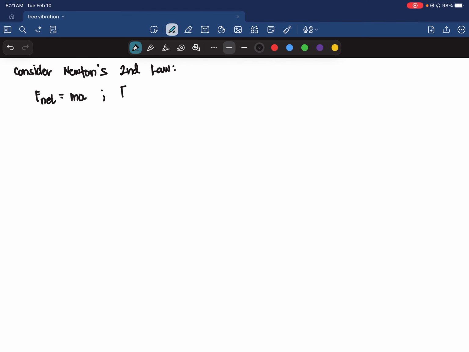Again, we equate it to Hooke's law, the spring force, which is negative kx. Now, we will treat our acceleration as the second derivative of x with respect to time, or we can just denote this as x double prime so our variables are uniform. So we have negative kx equal to mx double prime. And equating this to 0, we have mx double prime plus kx equal to 0.